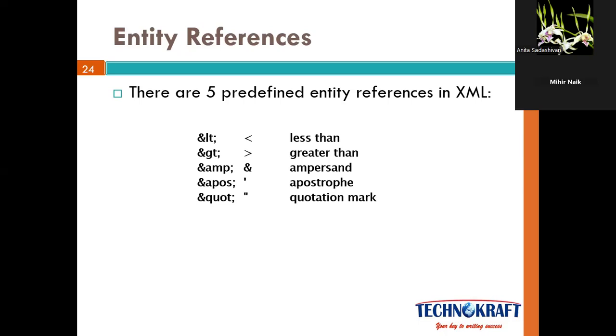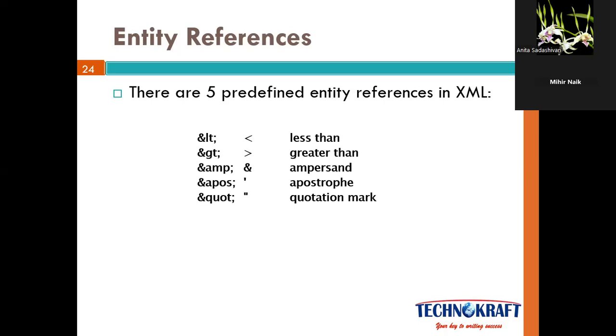There are 5 predefined entity references in XML: less than, greater than, ampersand, apostrophe, and quotation mark. Whenever you have to put the lesser than symbol, you have to give it as ampersand LT. And if you want to give greater than, you have to give ampersand GT.